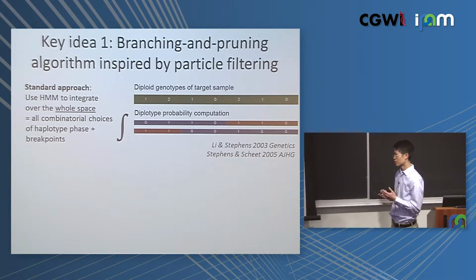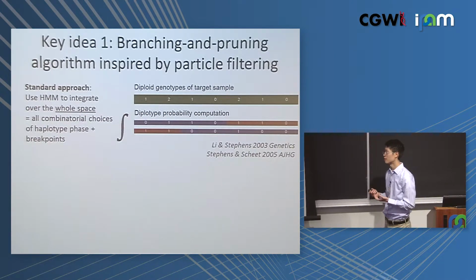And that's what pretty much every hidden Markov model-based statistical phasing method has done up to this point: you've tried to approximate your state space maybe to make the computation feasible, but then used standard hidden Markov model algorithms to integrate over the whole space and consider all possible paths.